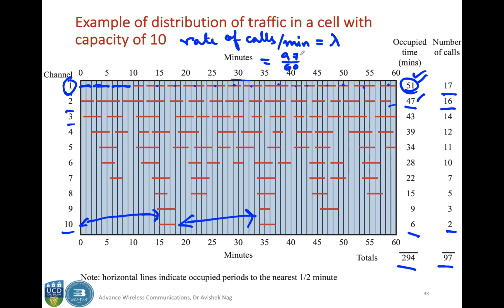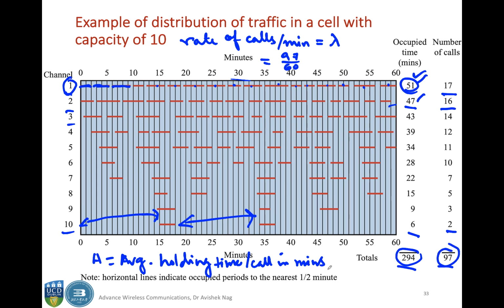And if you define another term called H, which is the average holding time per call in minutes, then this will be the total number of minutes divided by the number of calls, so 294 divided by 97.